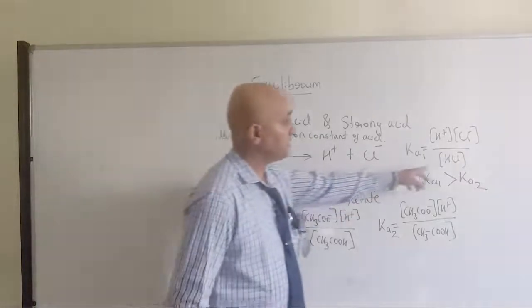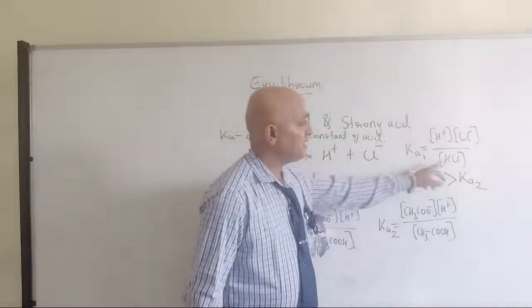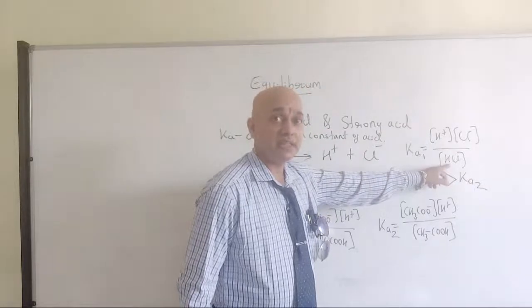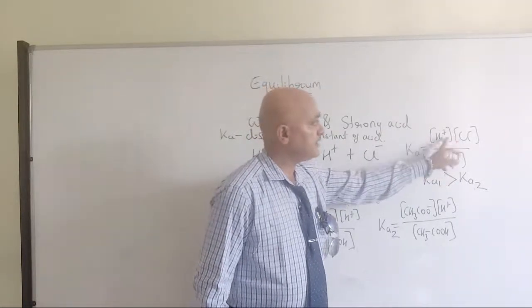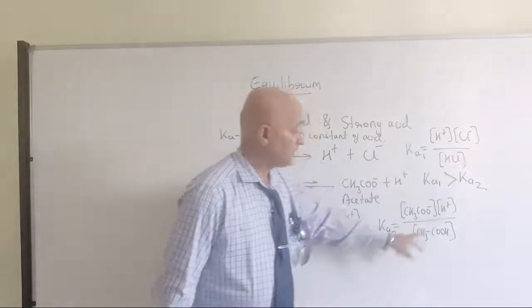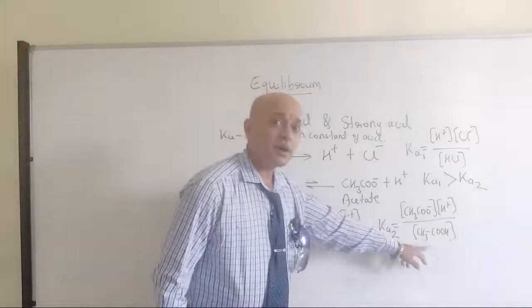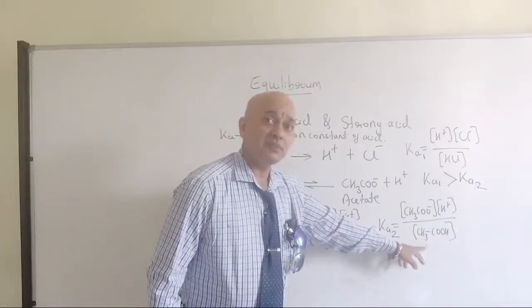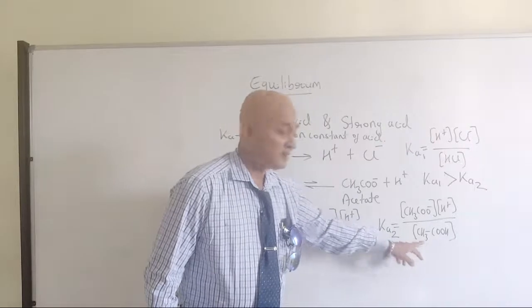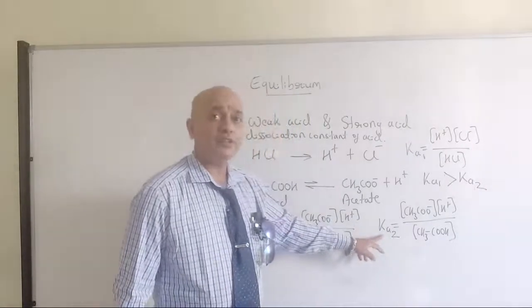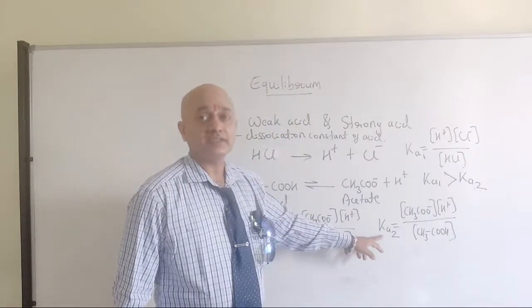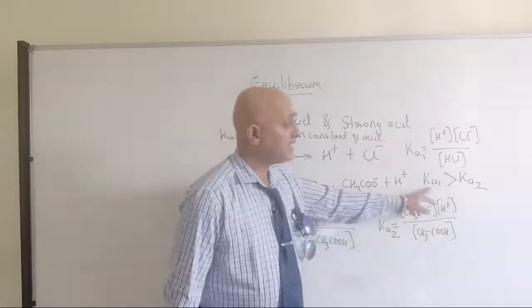Simple logic. In the denominator, in case of HCl, nothing will be there. Everything will be converted into H plus and Cl minus. But here, the maximum amount of acetic acid will be present in the denominator, so naturally the Ka2 value will decrease.